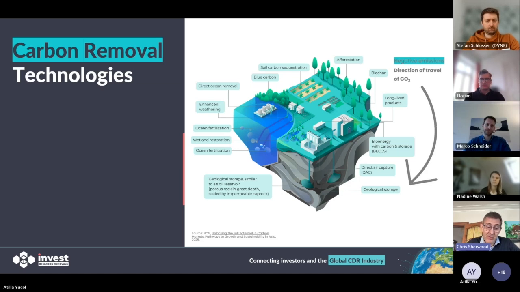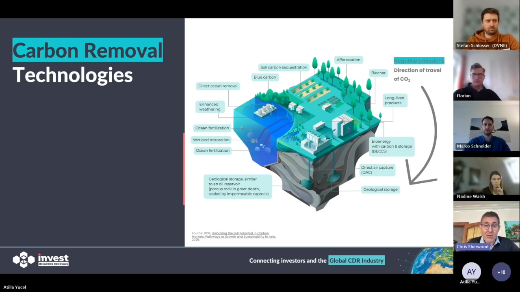You can use it to create energy with bioenergy with carbon capture and storage. You can also use other processes that are in nature, like the weathering of rocks, which you can enhance by powdering those rocks and spreading them on a field or on a beach. And that will absorb CO2 naturally.